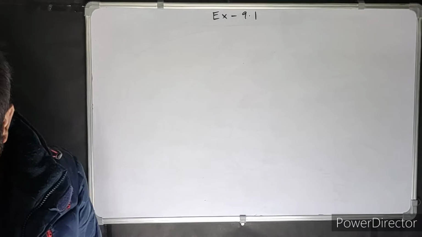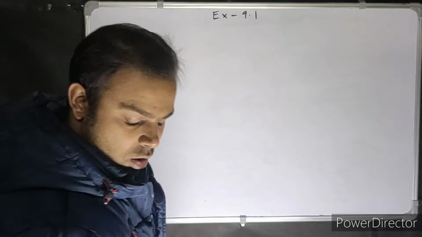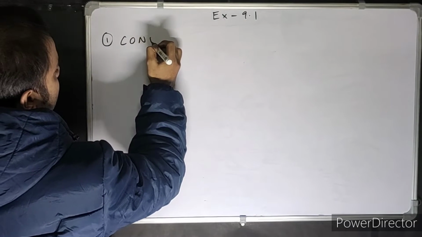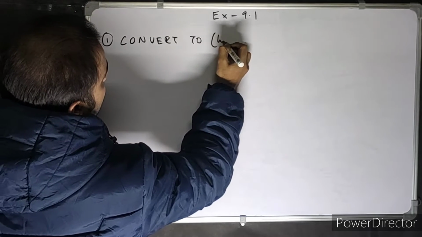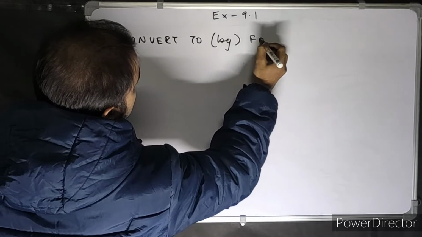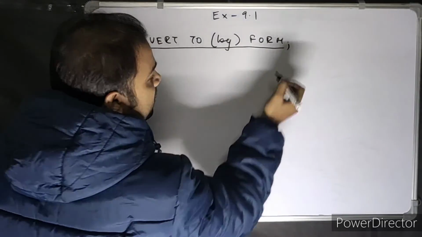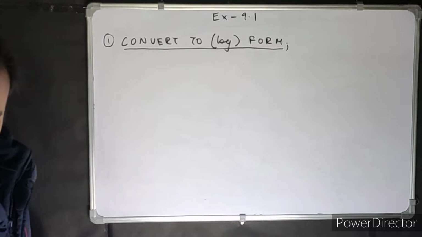Convert the following to log form. It says convert to log form, which means change these indices or exponents to log form.